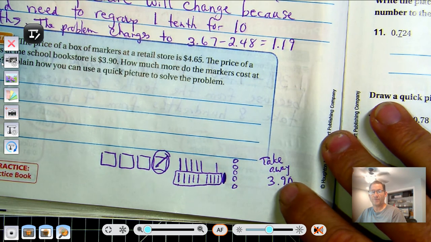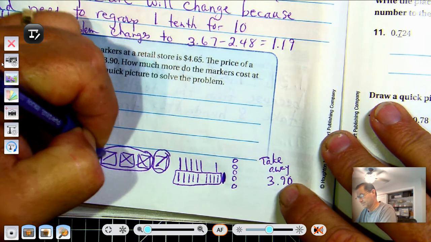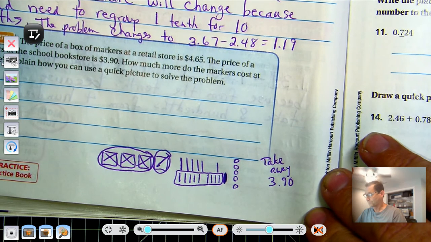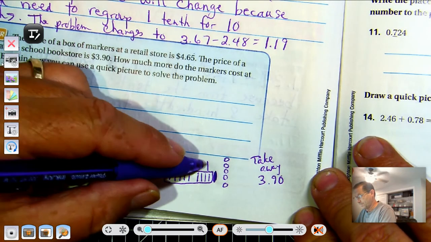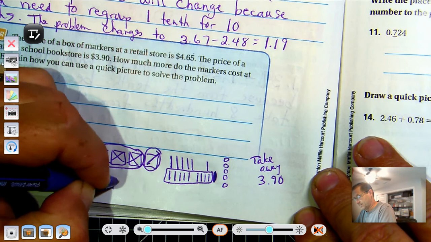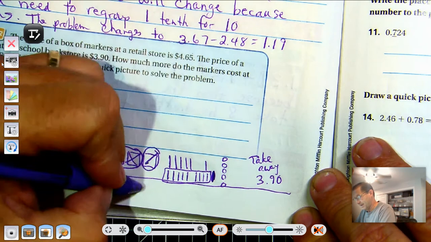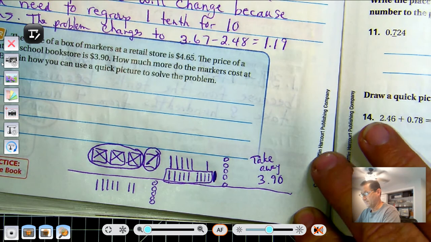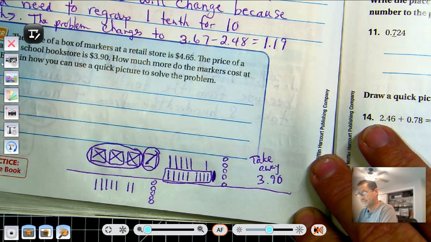And we have to take away 3 ones. All right. So we're left with 7/10ths and 5/100ths. So we're left with 75 cents.